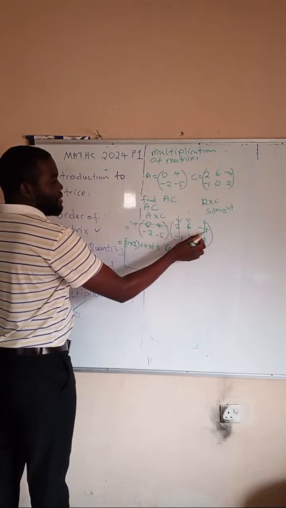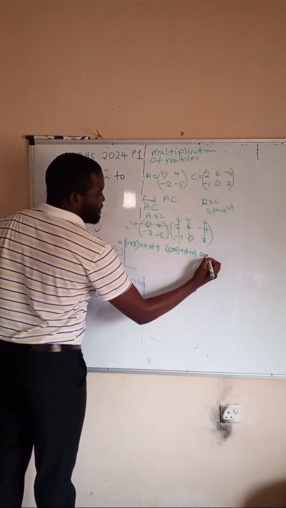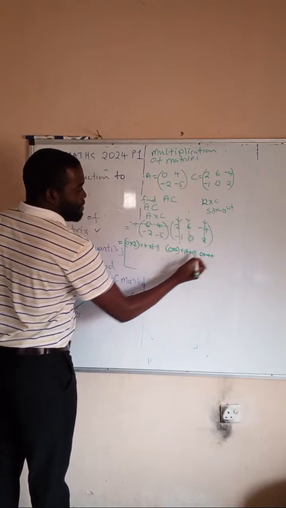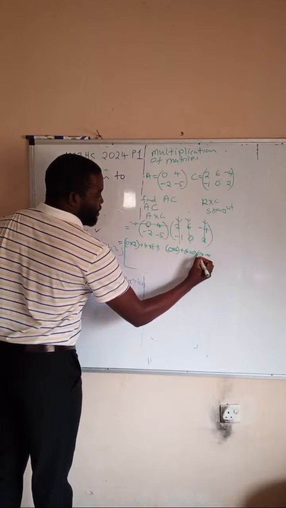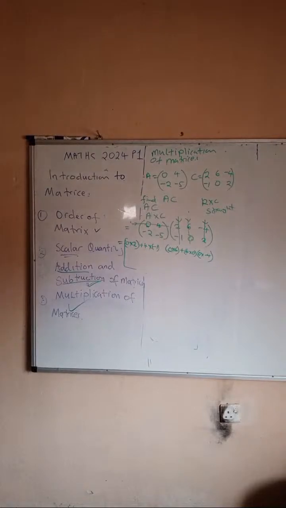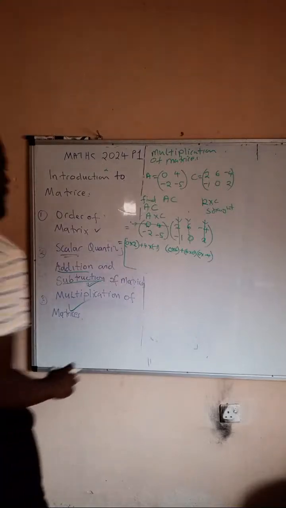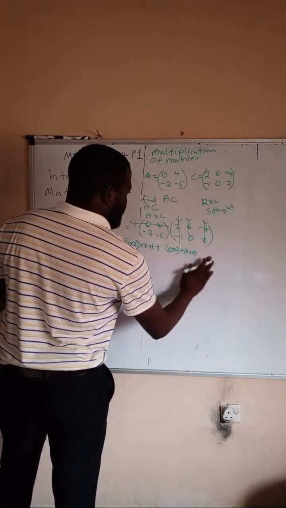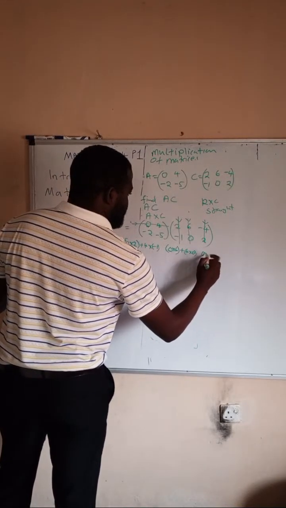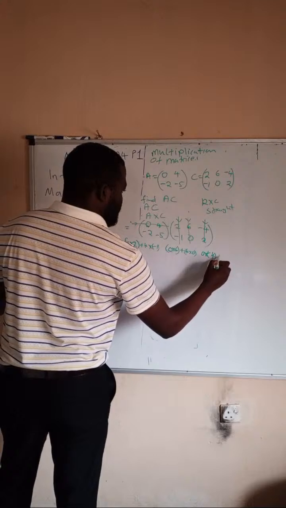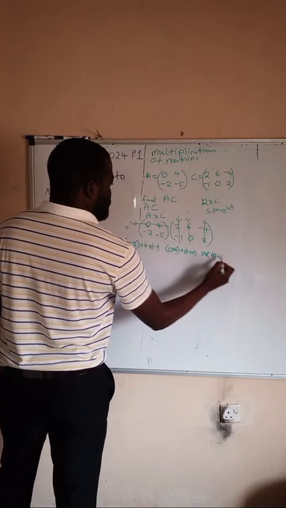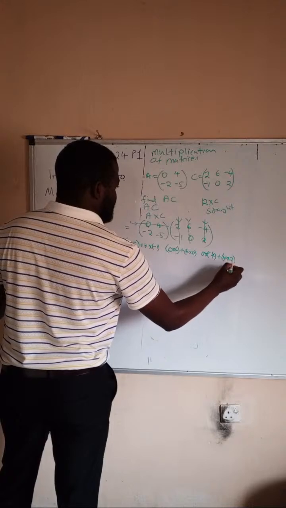So 0 times negative 4, we put here 0 times negative 4 in brackets, plus 4 times 2 as the last one.